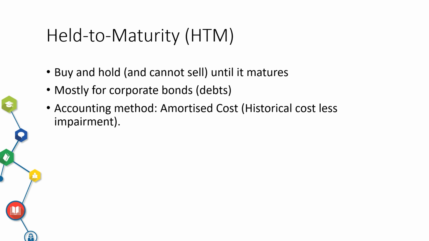The accounting method here is amortized cost. If you have a long-term debt of $100, you repay $90. Now you list it as 90 on the balance sheet. So it's just a fancy way of saying that, but that's the official accounting term.